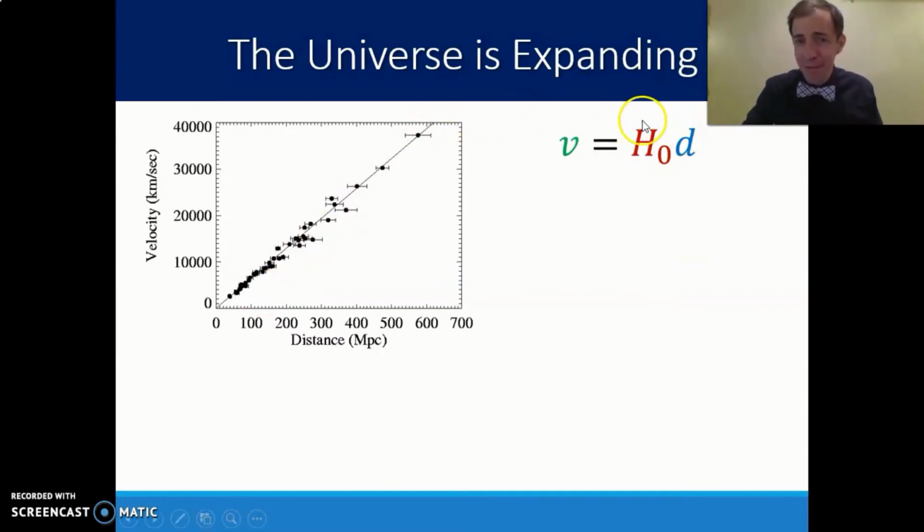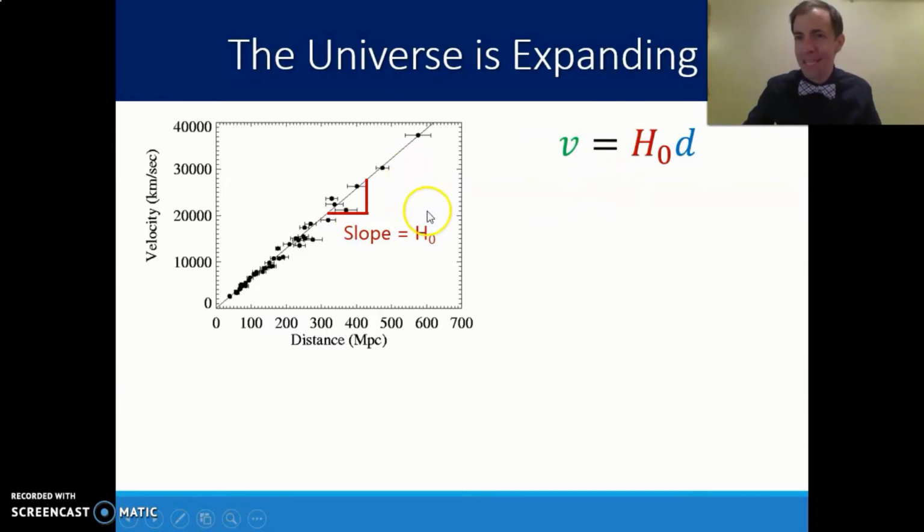But a linear graph here that goes through zero can be plotted out like this, where the velocity, the y part of this graph, is some constant times d, the x part of this graph, the distance. This constant is the slope. So if we find this slope, we know something about this particular system, and we can calculate the velocity or predict the distance if we know the other one.